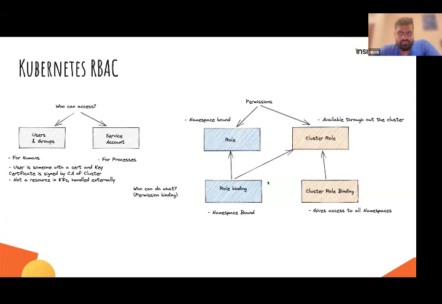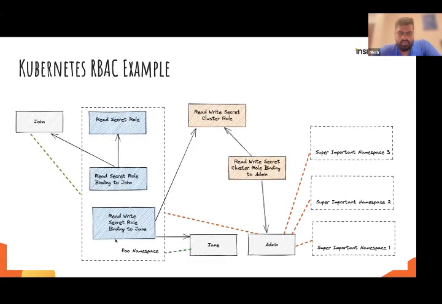So that's Kubernetes RBAC, and this is a small example. I think I'm nearing the end of my slides. There's John, and there's a role saying read secrets, bound to John, and he can read secrets from this namespace.